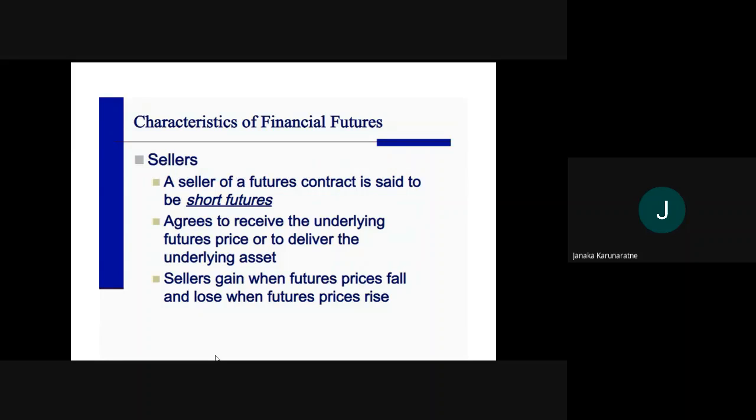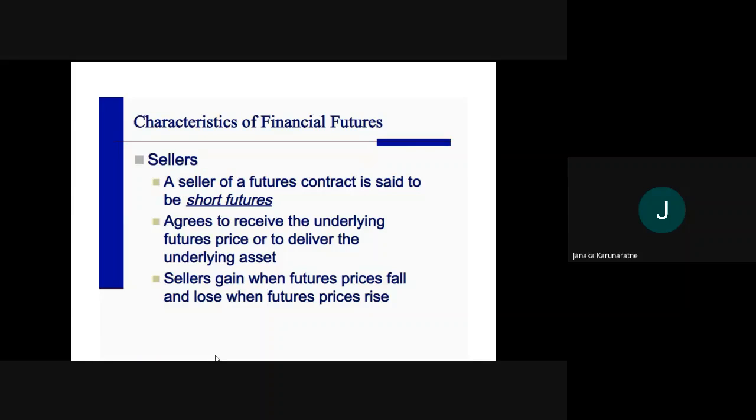If NDB Bank is short in futures, NDB is a seller of a futures contract. Sometimes you may not be told you are buying or selling. If the institution is long on futures, long means you are the buyer. If the institution is short on futures, that means you are a seller.